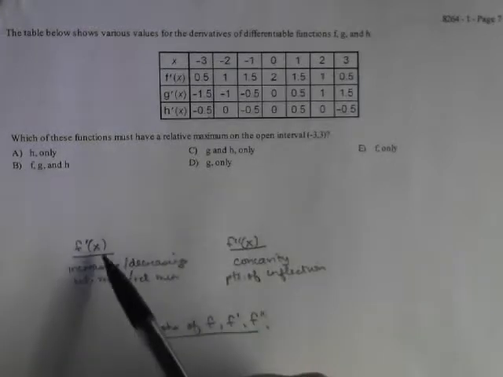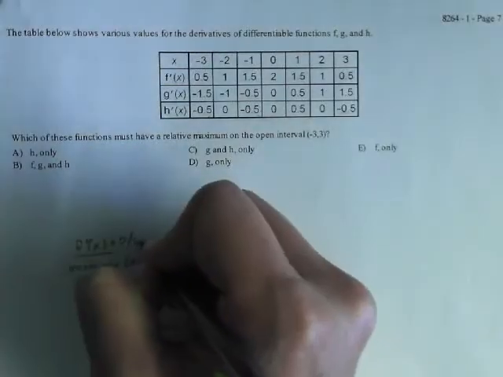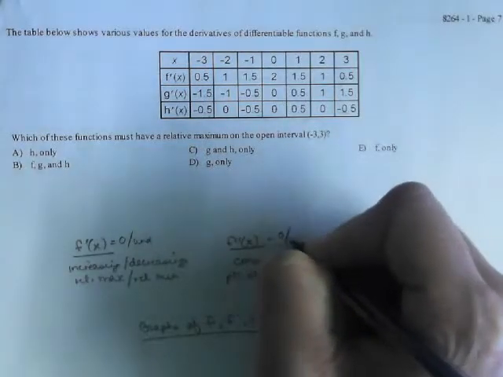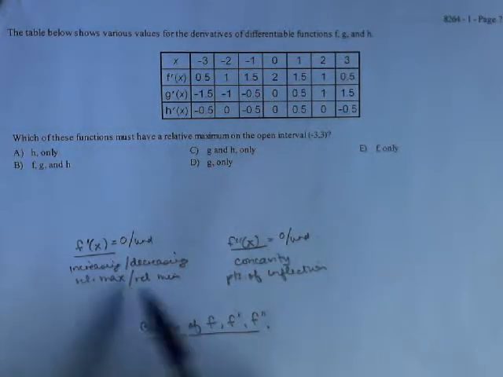In any case, you're going to set the first derivative equal to 0 or undefined, and that's going to give you your critical points for something potentially happening in this department. Same thing with your second derivative.